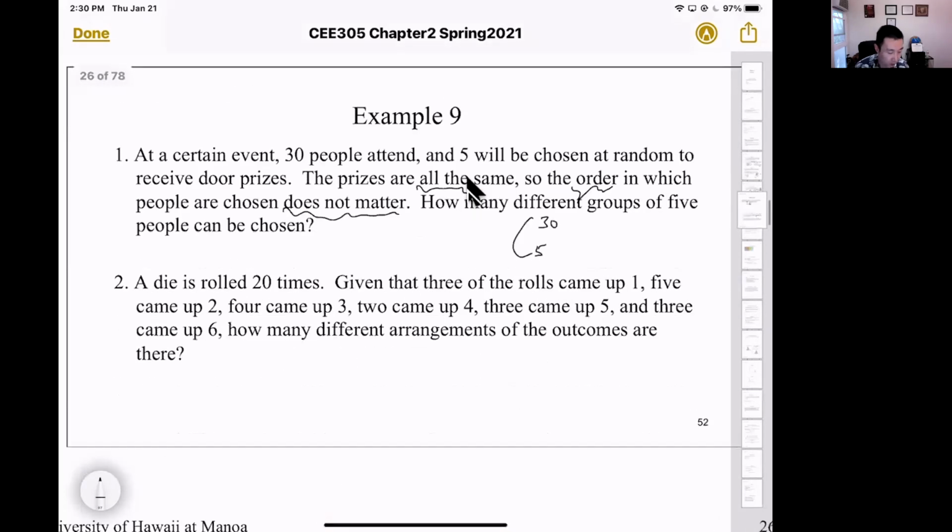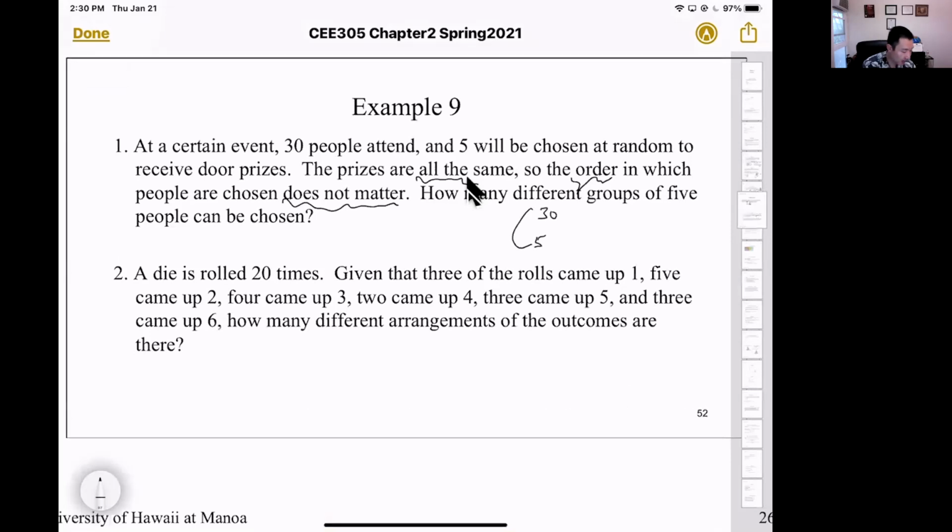Like in this example, a die is rolled 20 times. Three times we have 1, 5 times we have 2, 4 times we have 3, 2 times we have 4, 3 times we have 5, and 3 times we have a 6. So we roll the die 20 times, and these are all the outcomes, but we do not know the order.